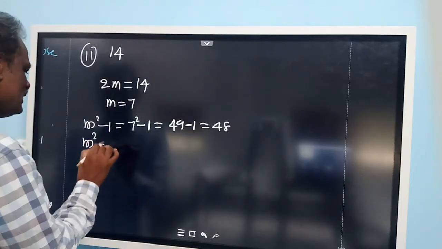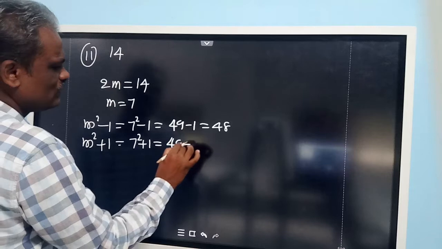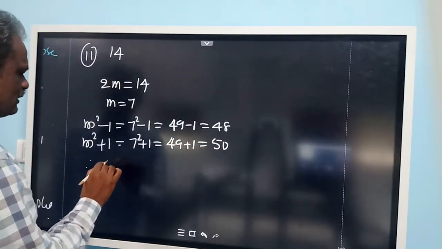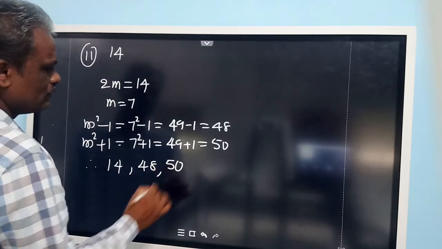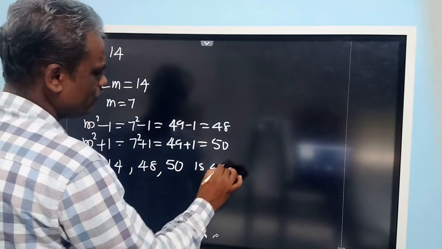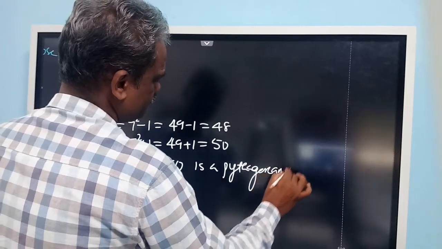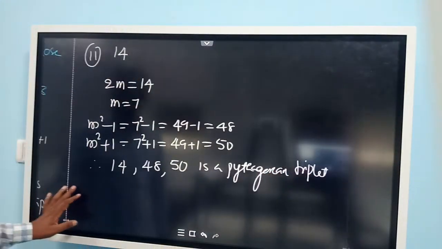M squared plus 1 is 49 plus 1, so it is 50. Therefore the Pythagorean triplet is 14, 48, 50. This is the second question.